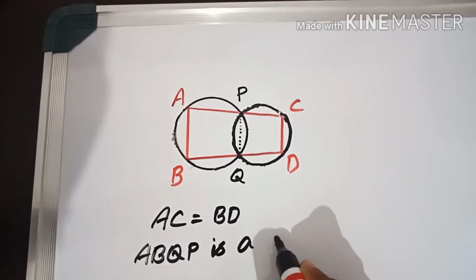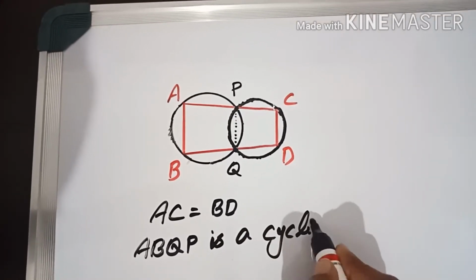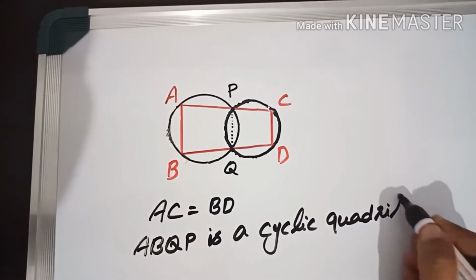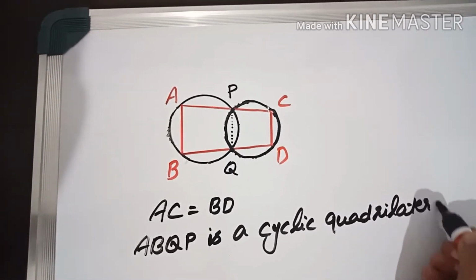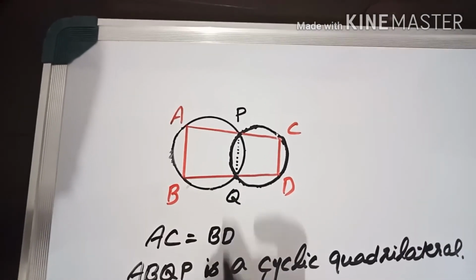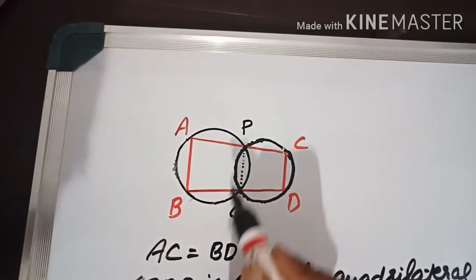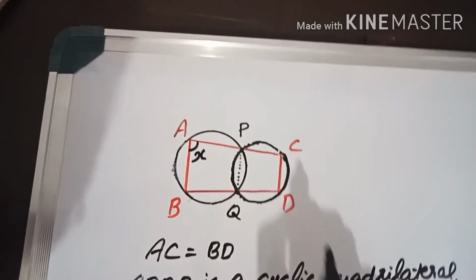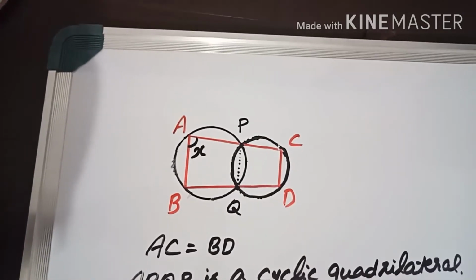Now what is the condition of a cyclic quadrilateral? Opposite angles are supplementary. Now here angles are not given, but let's consider angle A as x degrees.